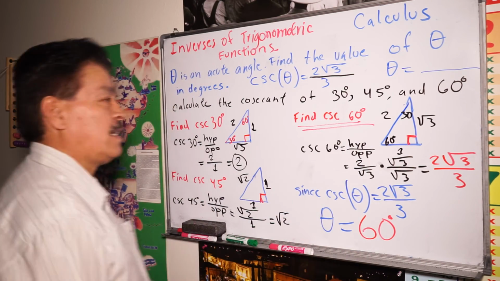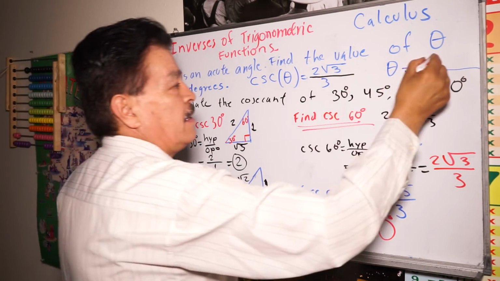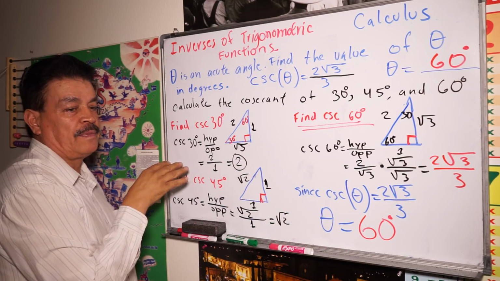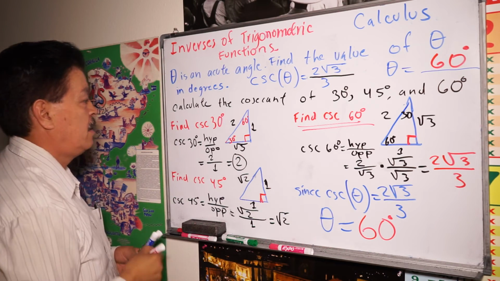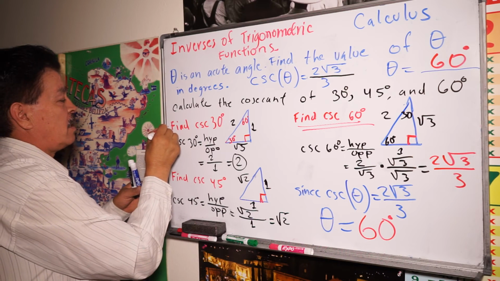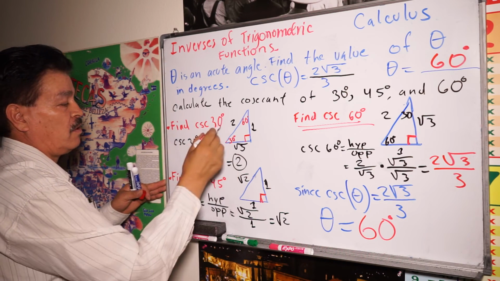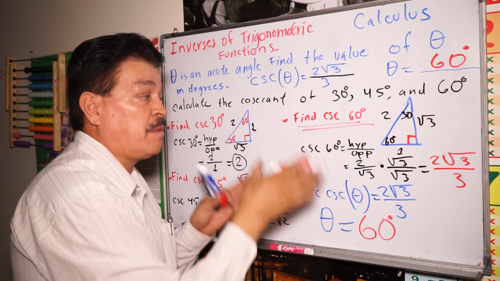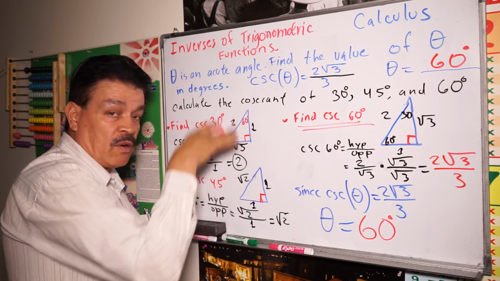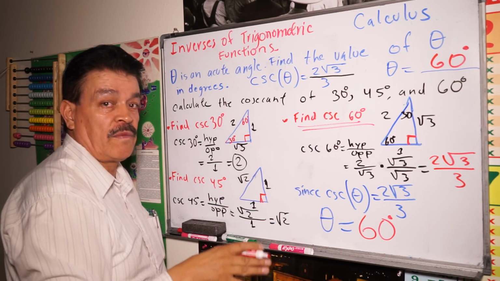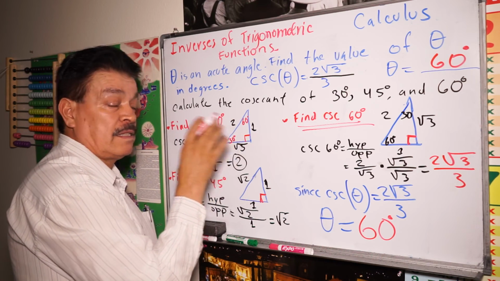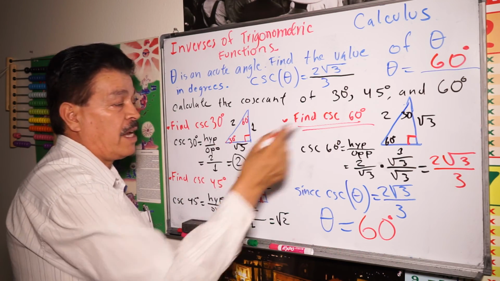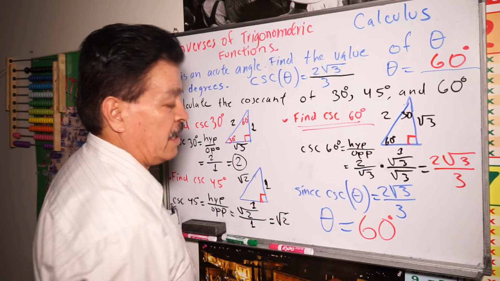We proved it by finding the cosecant of the different angles, 30, 45, and 60. Remember that we explained this graph before. You need to review the video and see why we find the cosecant for all these 3 angles to get the answer that we are looking for.